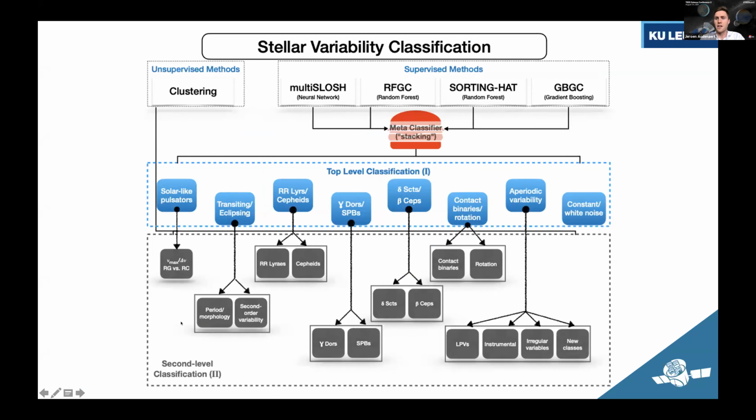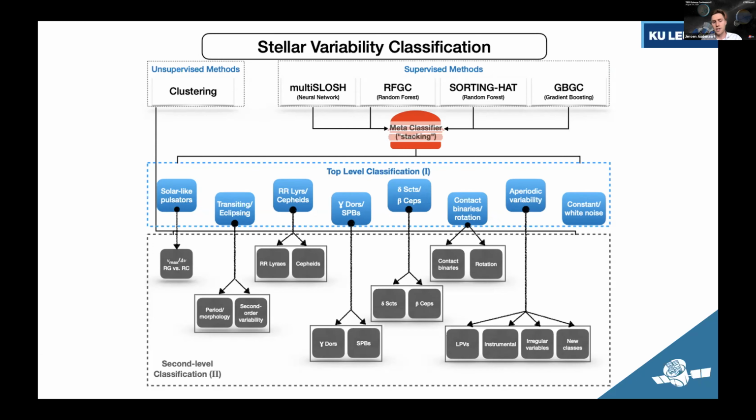Now, here you can see a graphical illustration of what our stellar variability classification pipeline looks like. We're actually classifying at two different levels. So we first do a top level classification, and that will be the focus of this talk today, where we classify light curves according to their general high level variability classes. So these include solar-like pulsators, transiting planets and eclipsing binaries, RR Lyrae, Cepheids, gamma Dors, delta Scutis, and so forth.